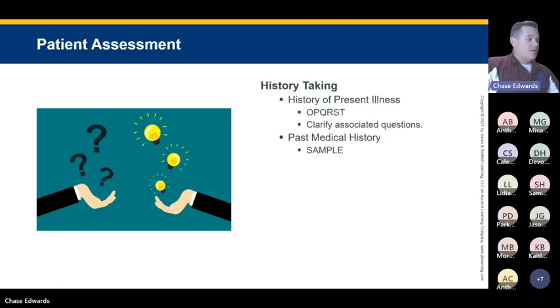Up next, we're in what phase? We went from primary survey and resuscitation to now we're in what? History taking. All right. So what do we do during history taking?